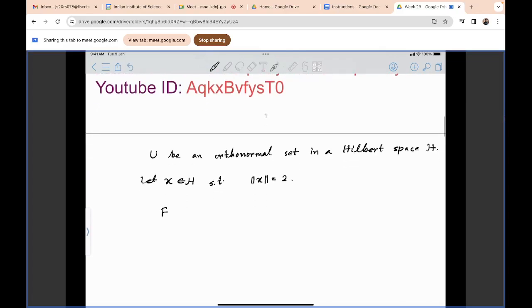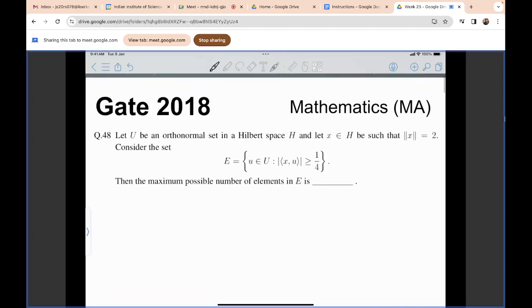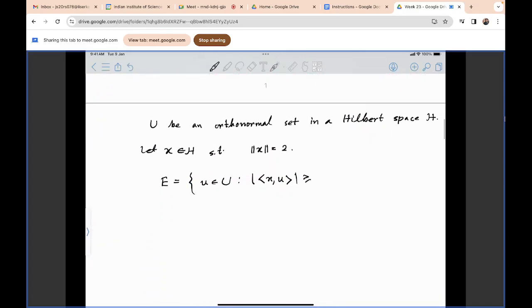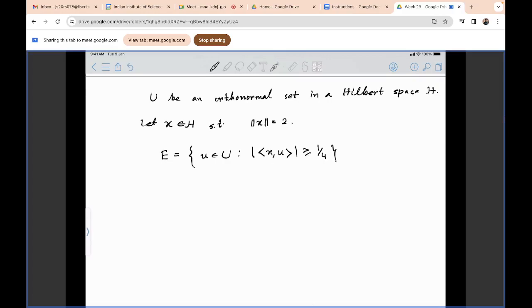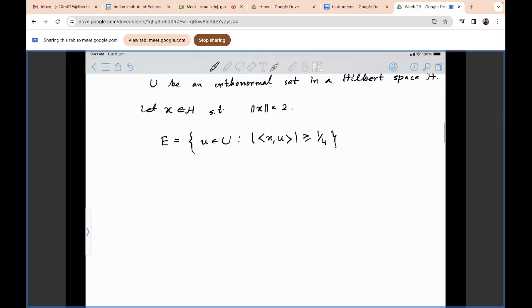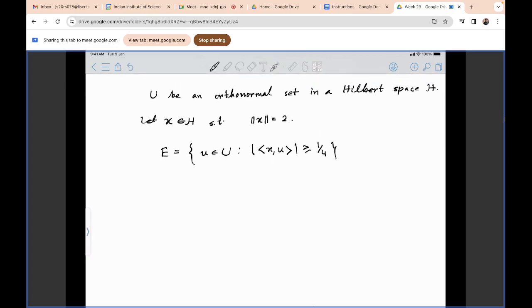Then a set E is defined. It is all such u in U such that the modulus of the inner product of x with u is bigger than 1/4. Then you have to find the cardinality of E basically: how many points of U lie inside the set E. So for this type of set, we need Bessel's inequality to solve it.